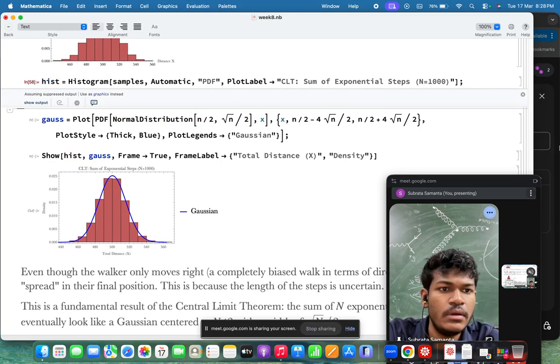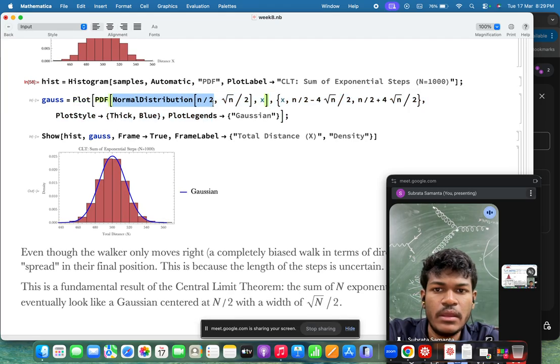And for the Gaussian, I basically create a PDF, normalized, with a mean n over 2 and standard deviation of square root of n over 2, where x ranges from mean minus 4 sigma to mean plus 4 sigma. So this is my range, and I plot this. Now I mark the hist and Gauss.